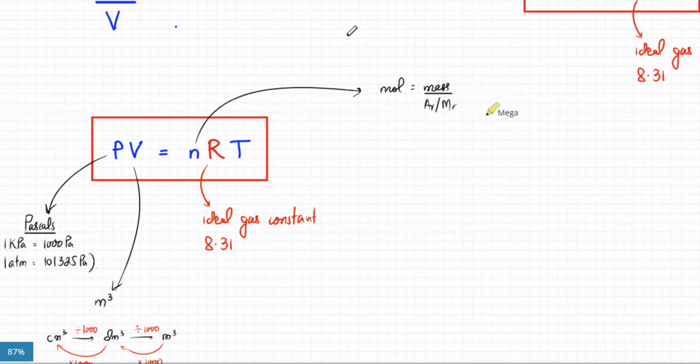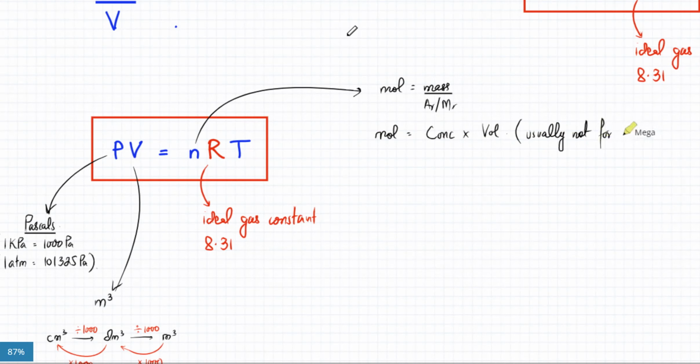Then you have another moles formula, which is moles equal to concentration times volume. It can be used, but it's usually not for gases. It's for solutions. Although you can apply this formula for gases as well, for gases you don't use that.